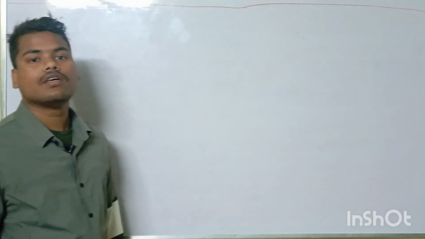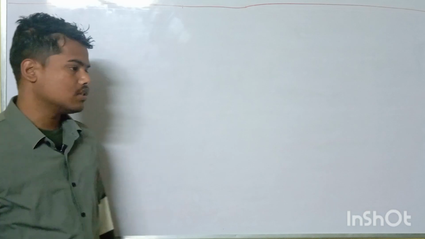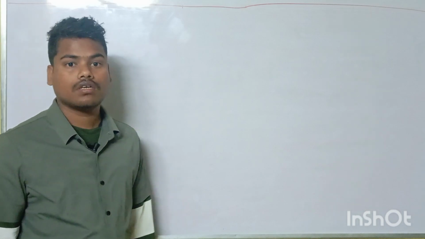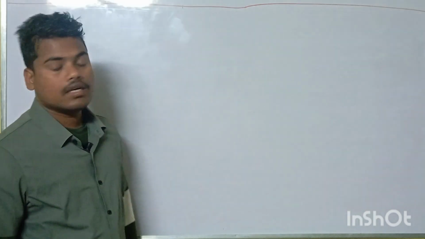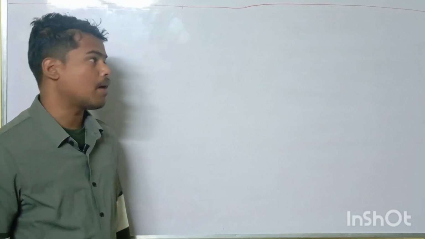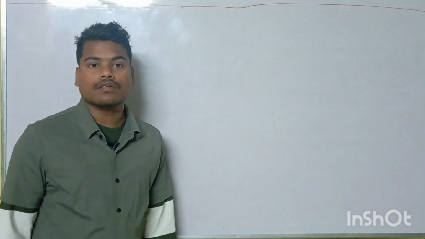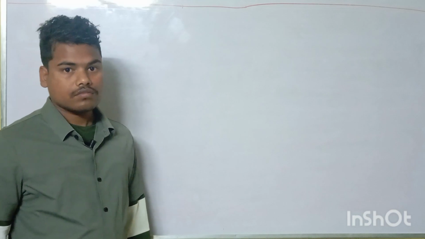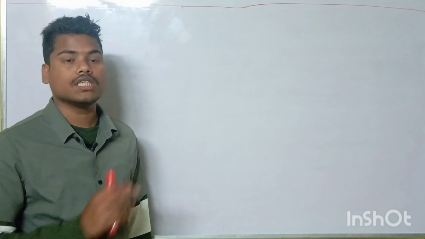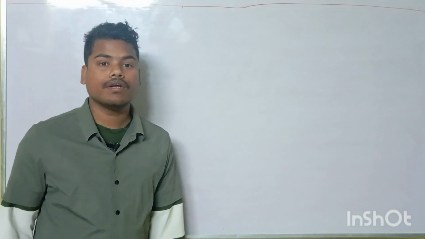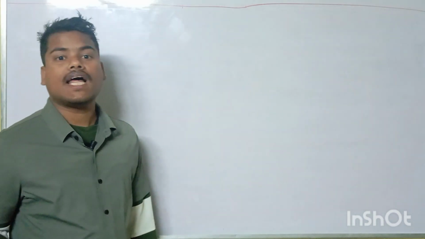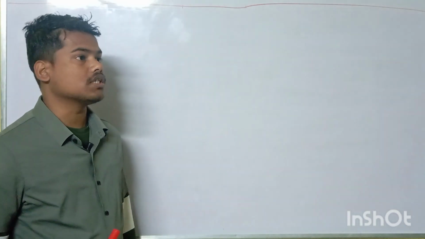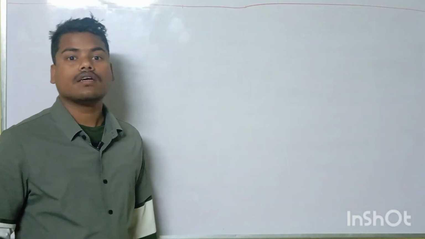So today we will be talking about the adrenergic drugs classification, and this will be part 3 of our lecture on adrenergic drugs. I have already uploaded part 1 and part 2, wherein the alpha and beta actions of adrenergic receptors are mentioned.